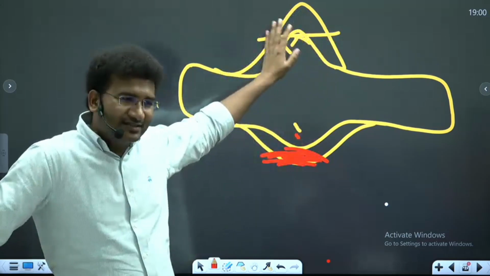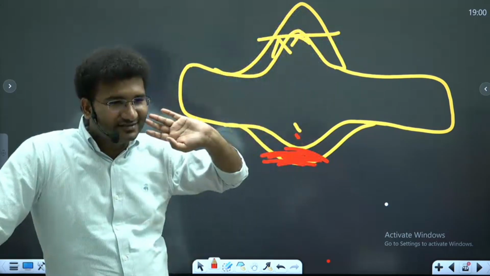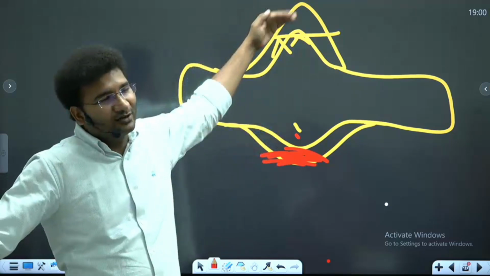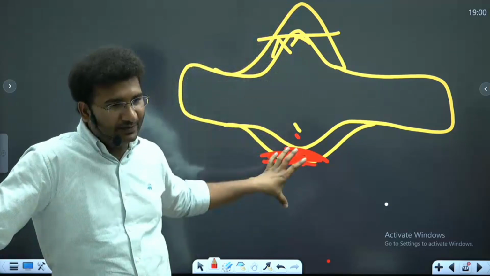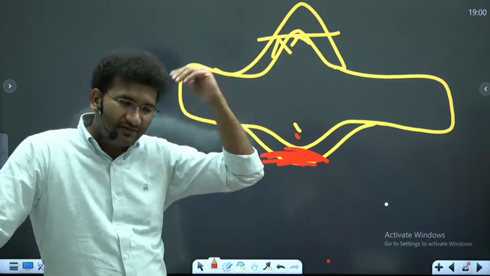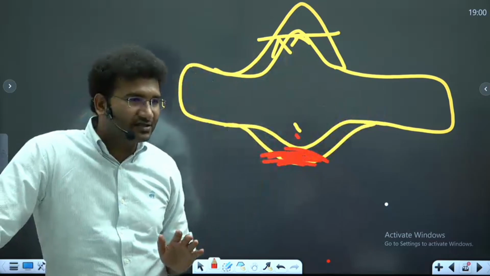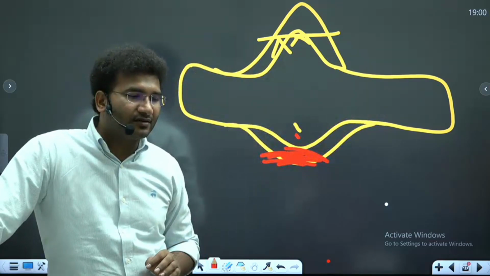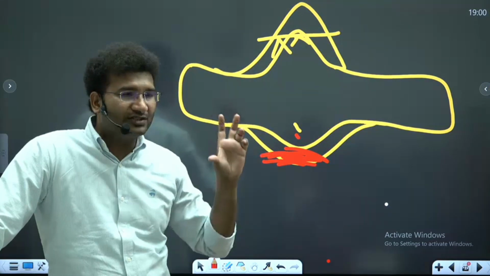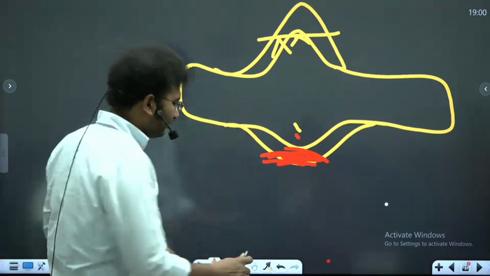And there's a concept called isostasy. Okay? Isostasy is that the taller the mountains, the deeper the crust should be. There's a concept which will be taught in the optional but not for GS. There's a concept called isostasy. See, why is oceanic crust very thin? The plateaus which are there, if you look, a plateau will be like this.